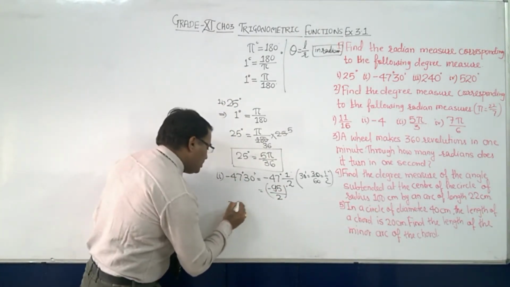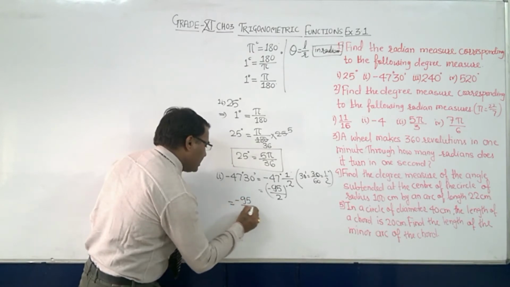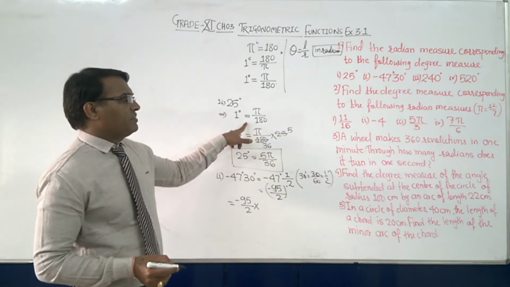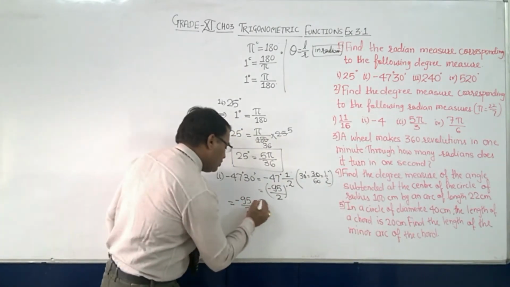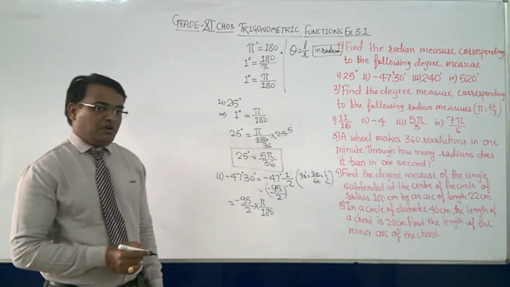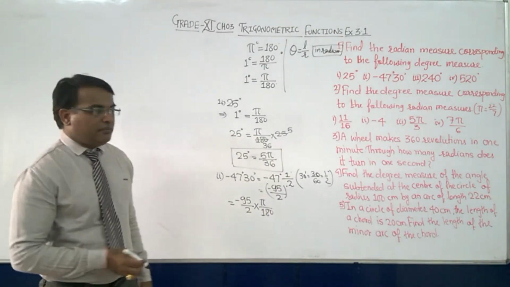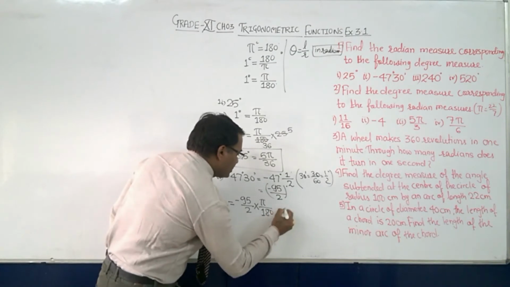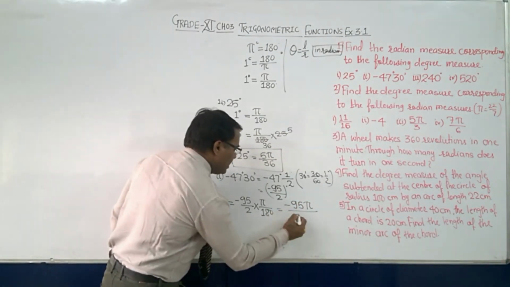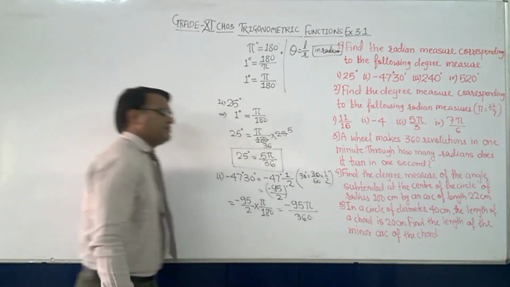That is simple. That is minus 95 upon 2 multiplied by the same thing whatever we have done, that is pi upon 180. And then accordingly we will convert it, or directly you can just leave it in terms of pi also. That is minus 95 pi upon 360.